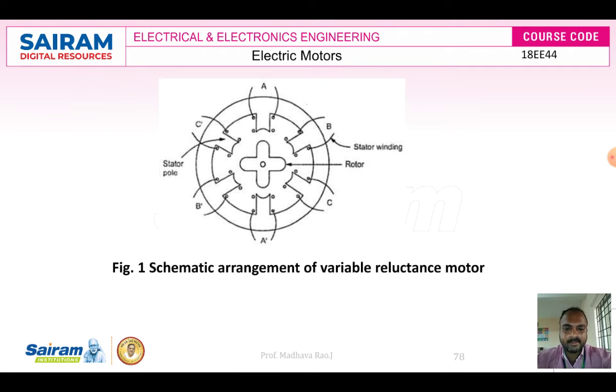Here we can see the 6 salient pole construction. Salient poles mean the poles are projected from the outer frame, the stator frame. The stator windings are placed around the poles, and the rotor is placed between the stator poles. This is a schematic diagram of a variable reluctance stepper motor.